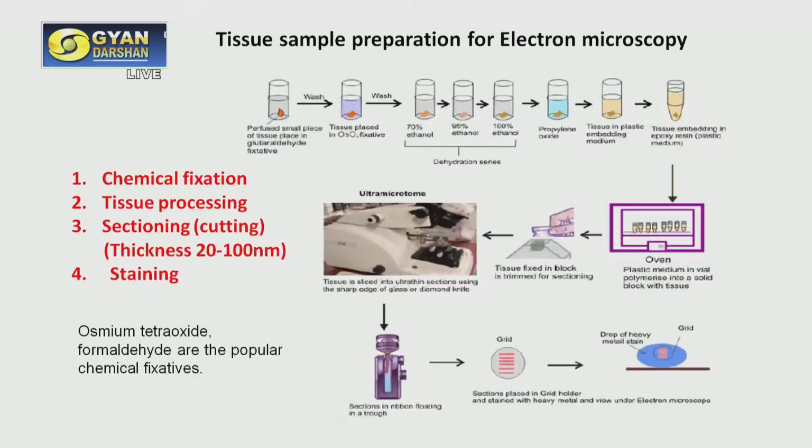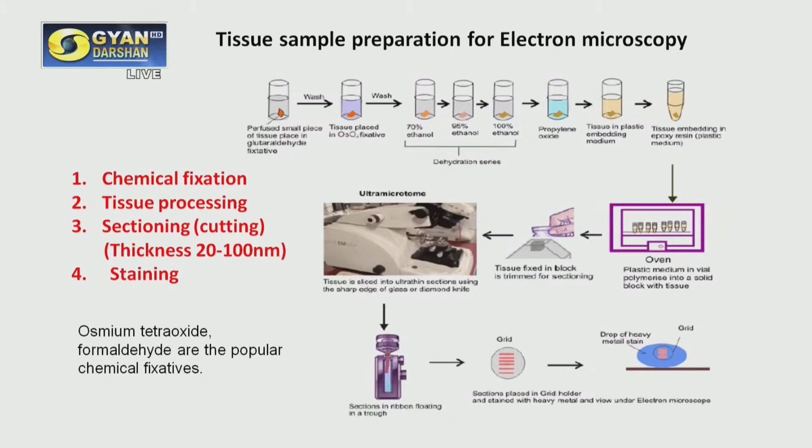So before observing a biological specimen under the electron microscope, either transmission or scanning, it requires a highly complex process of tissue preparation. In tissue preparation, first we fix the cells in a chemical fixative or by freezing, like the cryo-freezing method.